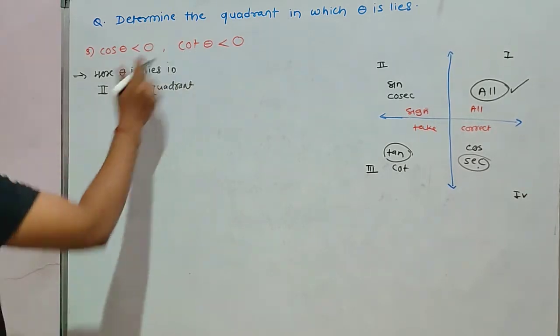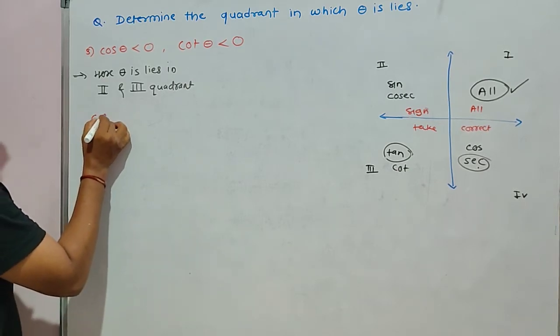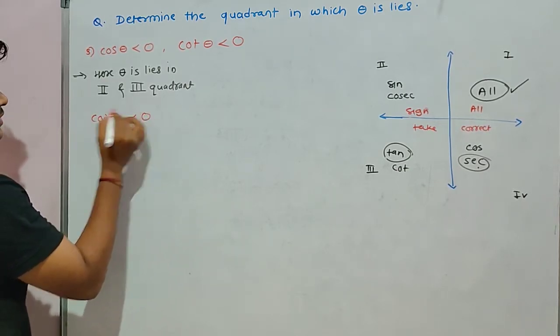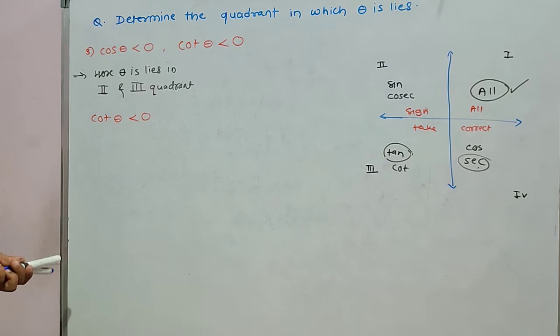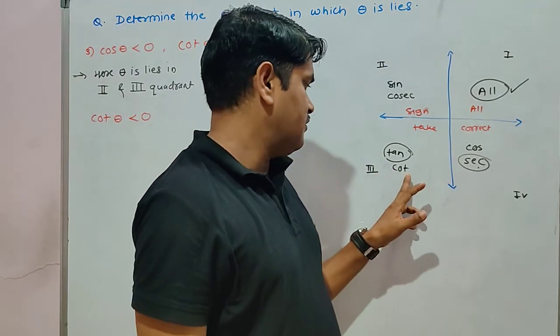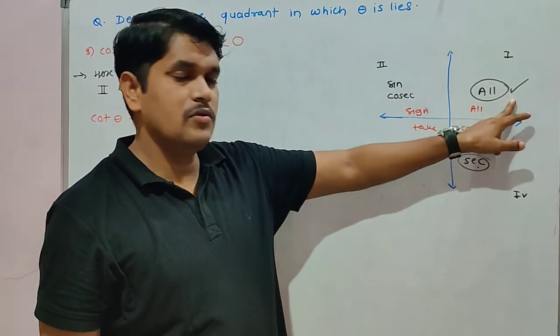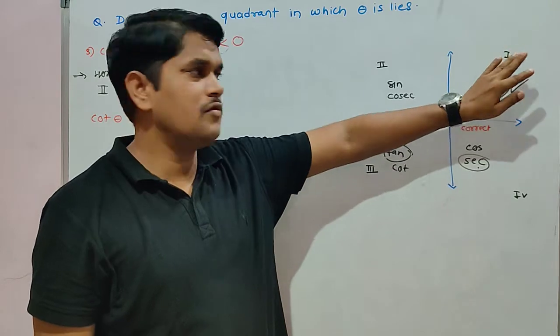Understood? Now for cot theta, second one, cot theta is less than 0. So cot theta is less than 0 means what? Again it is negative. Cot is positive in third quadrant as well as cot is positive here, because all trigonometric functions are positive in first quadrant.